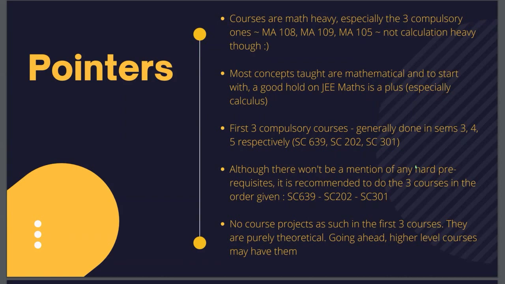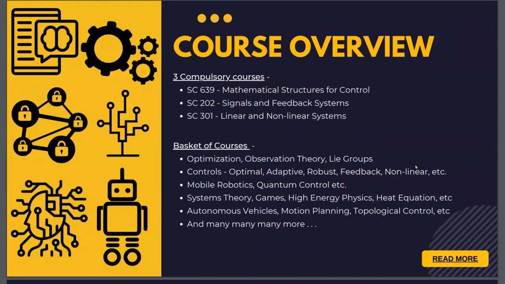But it's not necessary that you follow this hard structure. 639 and 301 run in the odd semesters, and 202 runs in the even sems, which is a spring sem. So in 3, 4, and 5, you can cover these courses, and then you can explore the basket.